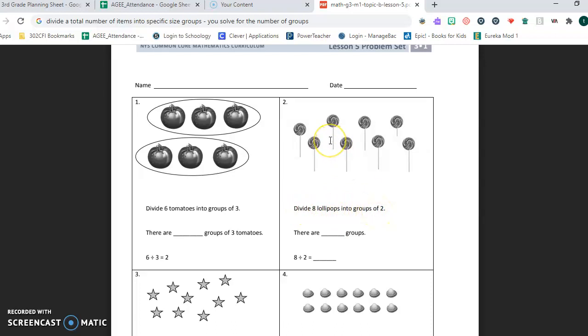So you're going to circle groups of 2. 1 group of 2, 2 groups of 2, 3 groups of 2, and 4 groups of 2. So there are 4 groups. So 8 divided into groups of 2 gives us 4 groups.